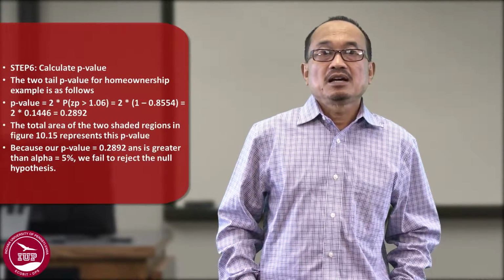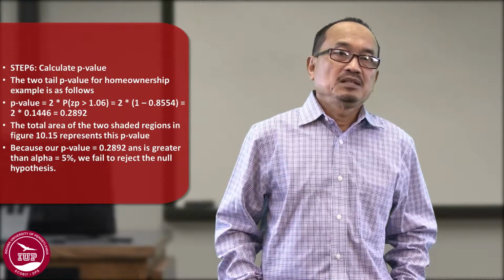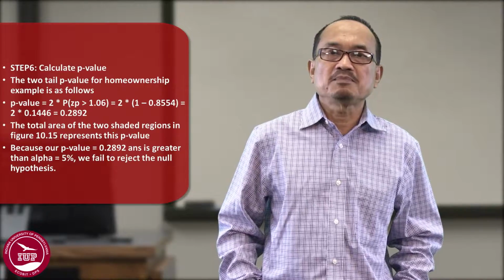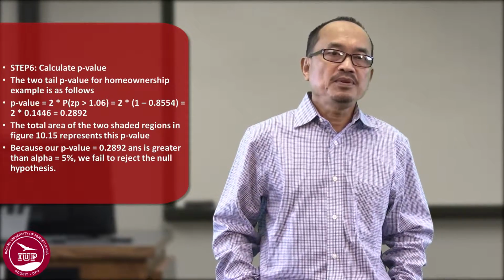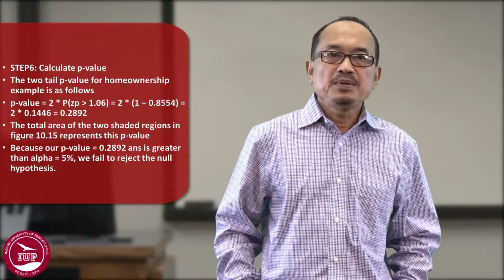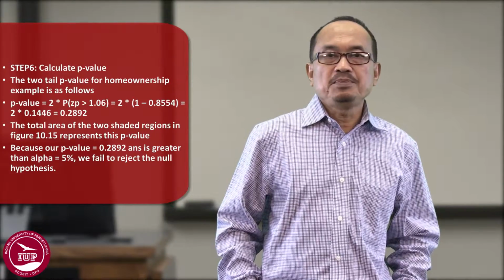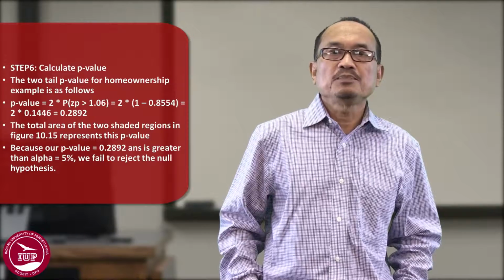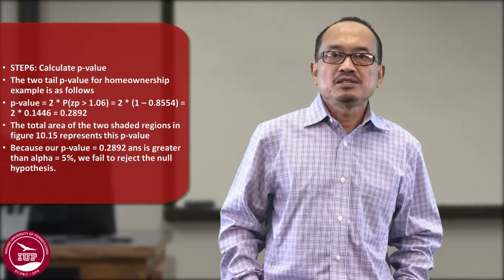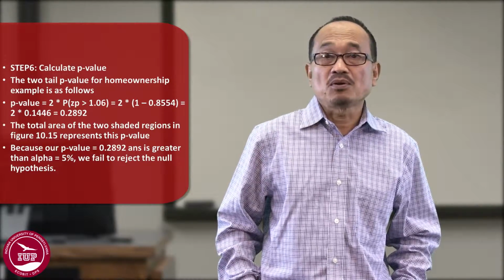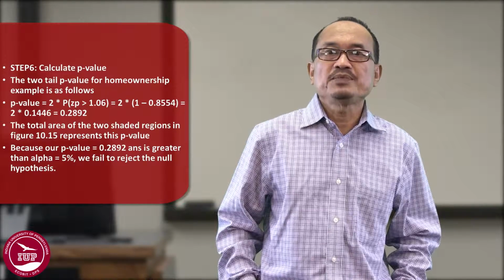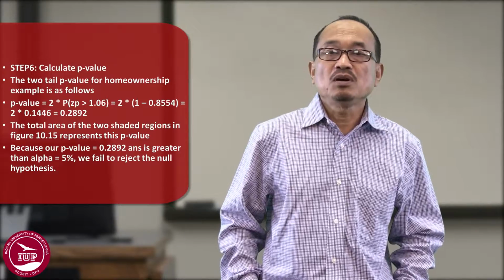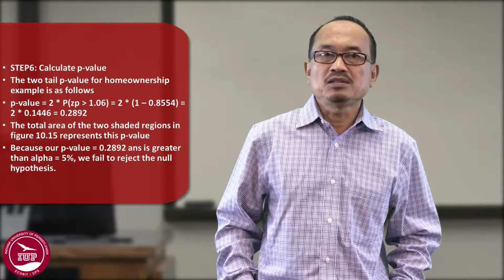Step 6. Calculate the p-value. The two-tailed p-value for the home ownership example is as follows. P-value equals 2 times P of ZP greater than 1.06, which is equal to 2 times 1 minus 0.8554, or 2 times 0.1446, or 0.2892.